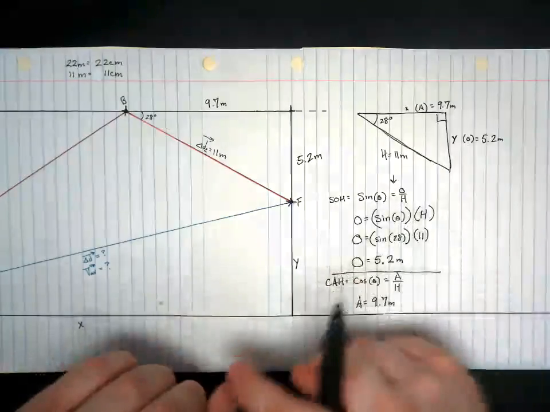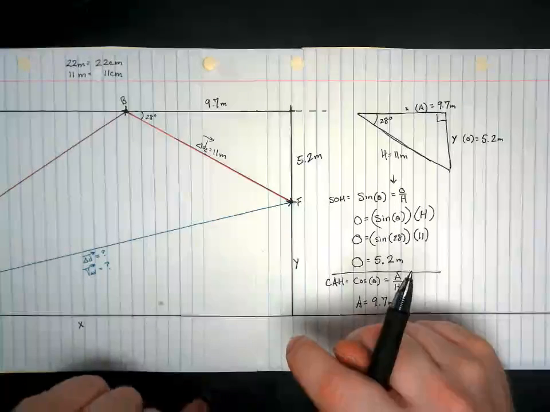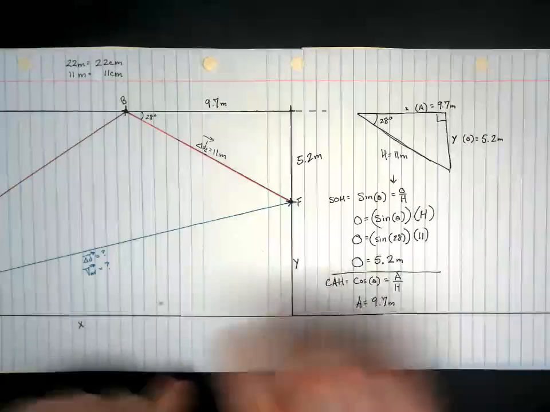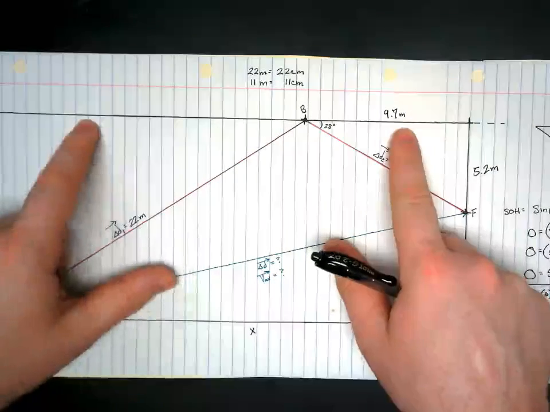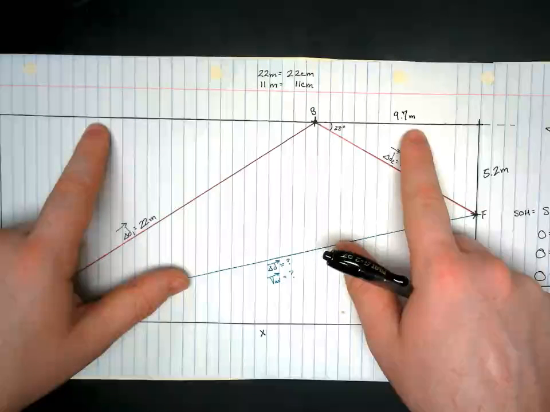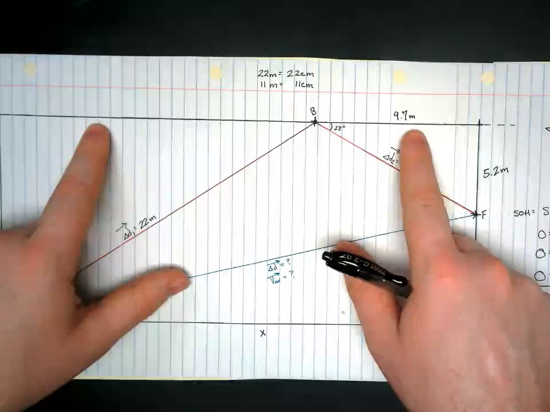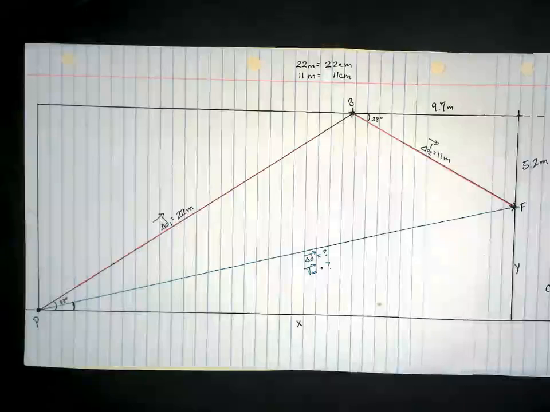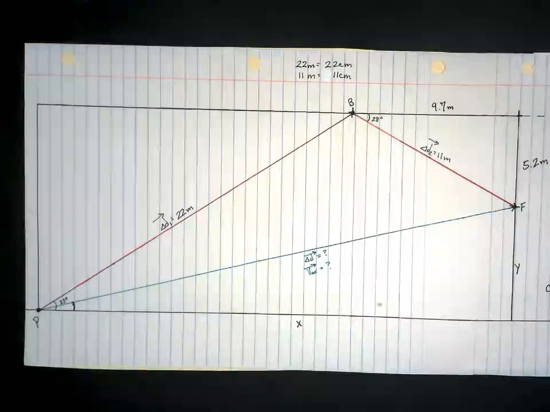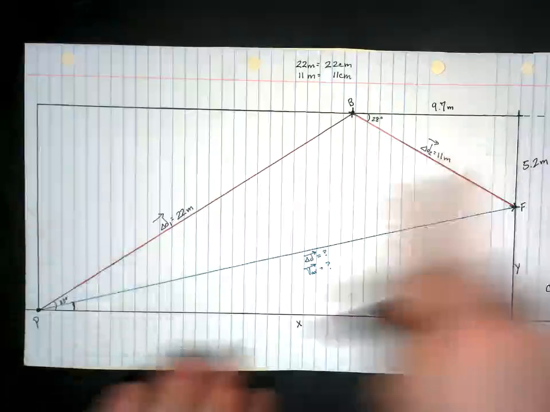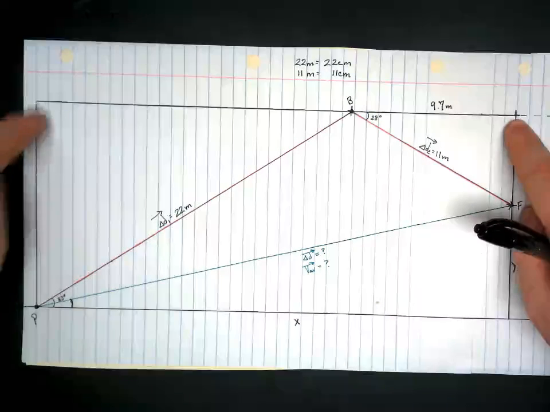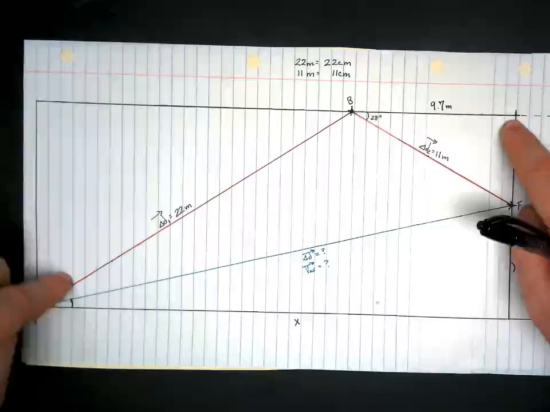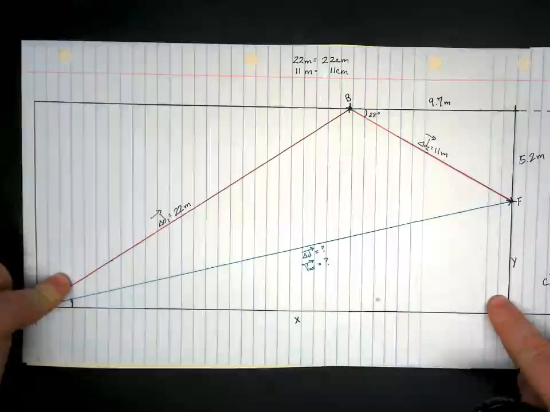What we should do now is recognize that we've got this distance. Well, why don't we find this distance too? You may ask yourself, why do we want to do that? Well, again, we've got a rectangle here. I think I said square earlier, but we've got a rectangle here. Because this is a right corner, that's 90 degrees, that's 90 degrees, that's 90 degrees, and that's 90 degrees, okay?